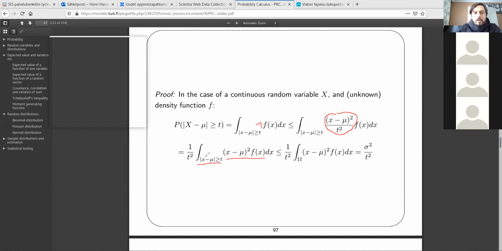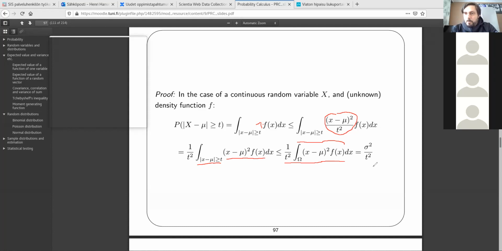When we integrate over the whole region, we get something that is definitely bigger than this. So it has an upper limit, which is this. In this case, this integral is simply the formula for the variance. So we get that this probability is smaller than or equal to variance over t squared.